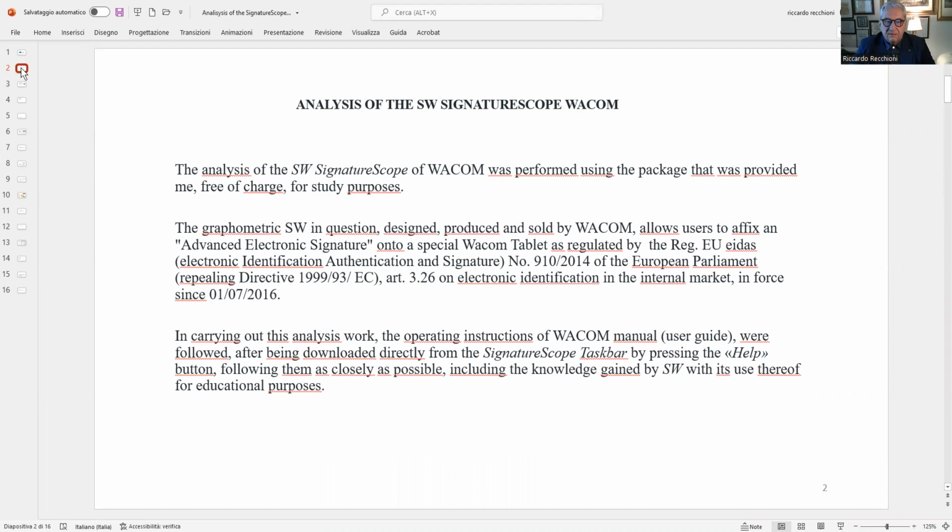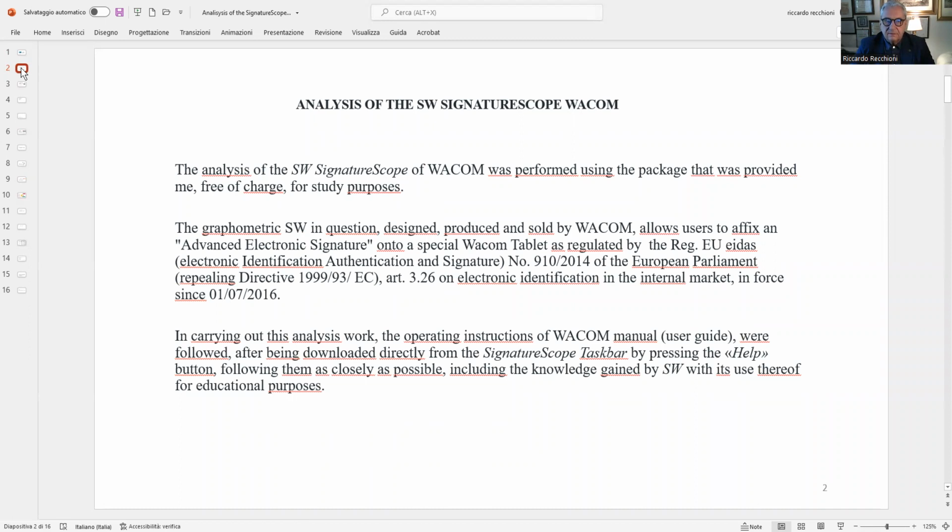The graphometric software in question, designed, produced, and sold by Wacom, allows users to affix an advanced electronic signature onto a special Wacom tablet as regulated by the EU eIDAS regulation, and so on.